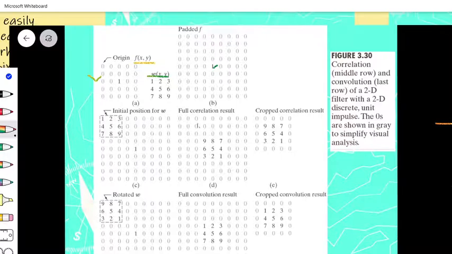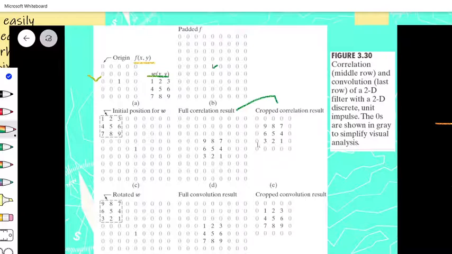Then apply the full correlation result. This will move to the center by applying some transformations, neighborhood operations, and then the cropped correlation result is this.